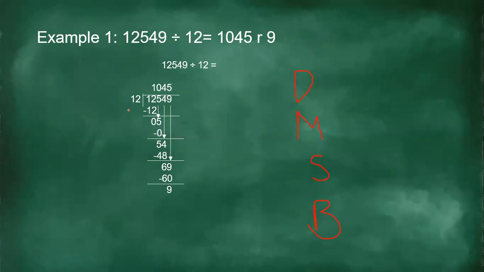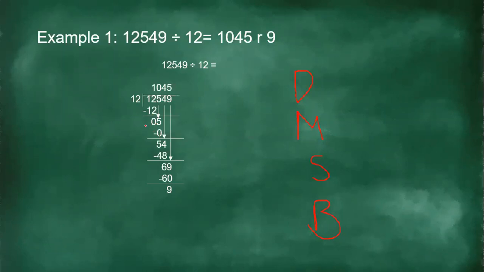I bring down the next number. 12 can go into 12, so that's 1. You put the 1 on top, and then 12 minus 12 equals 0. Then you bring down your 5, and 5 doesn't go into 12, so you put your 0 on top.